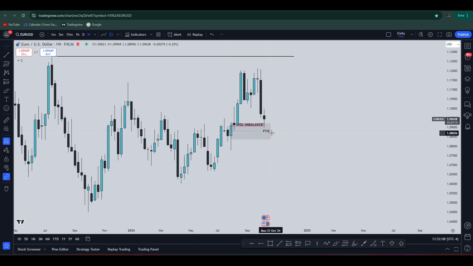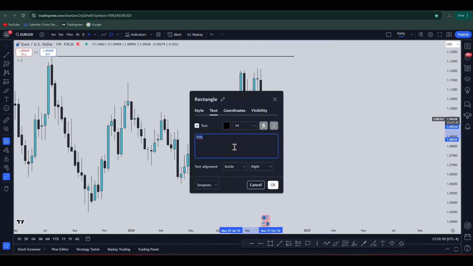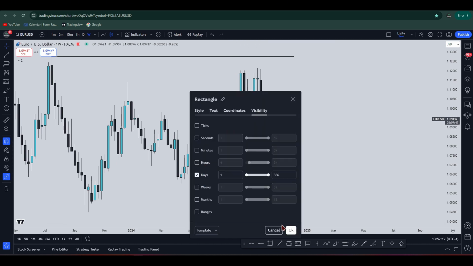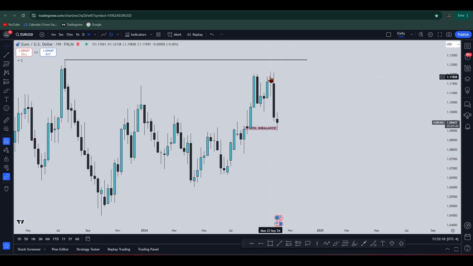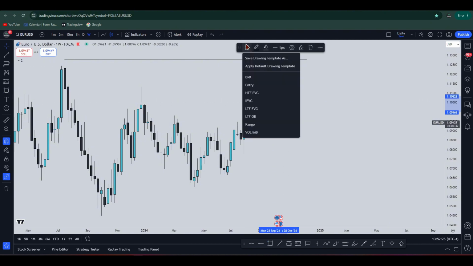So this is a fair value gap on the daily. This is actually showing up on the weekly, but it's on the daily. We're pretty bearish, right? We took buy side liquidity here. We are now forming a fair value gap here on the weekly side.